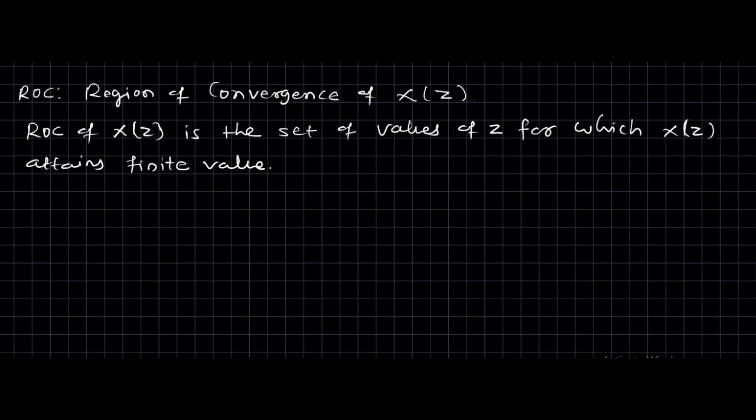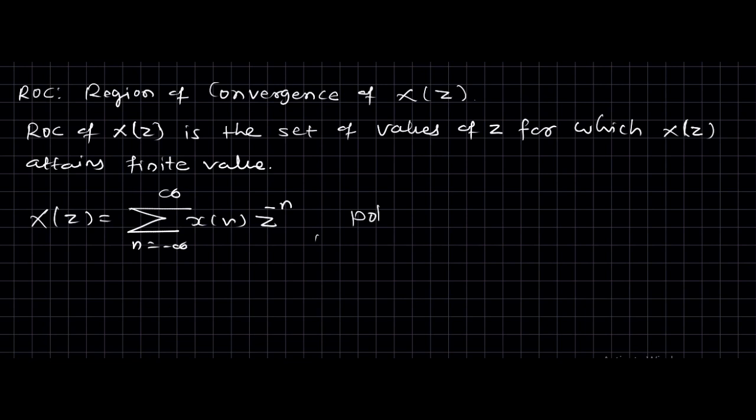So the X of z equation is X of z equal to the sum of x of n z raised to minus n over this limit.